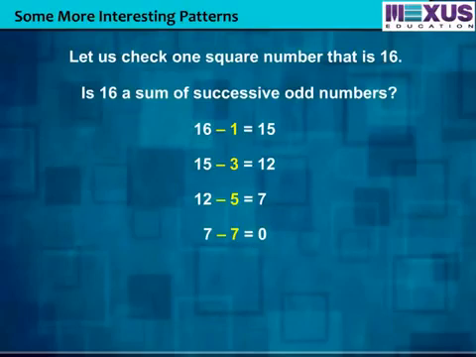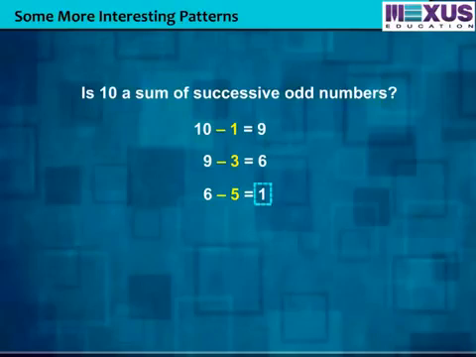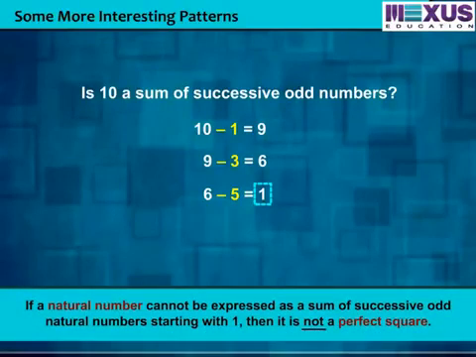Now, let us take another example, say 10. Now, let's subtract 1, then 3, then 5 from it. We get 1 as remainder. Thus, from this we can say that if a natural number cannot be expressed as a sum of successive odd natural numbers, starting with 1, then it is not a perfect square.